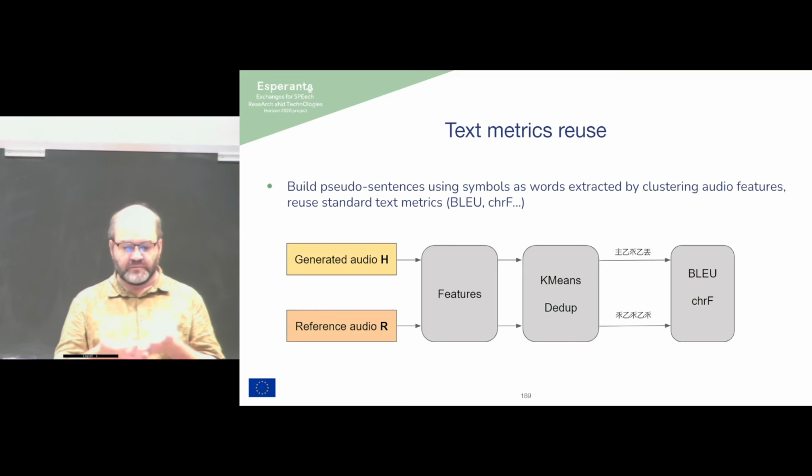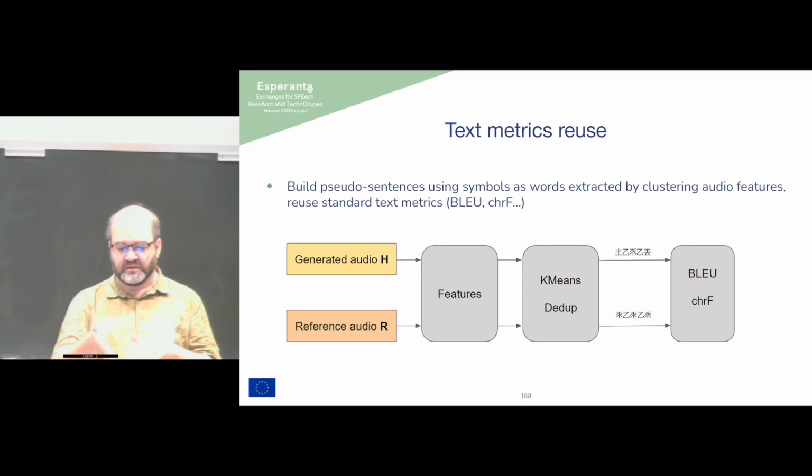So for the text metrics reuse, the idea is to build a pseudo-sentence using symbols, audio symbols, extracted by clustering audio features, and then reuse standard text metrics. So for the generated audio and the reference audio, you generate features, then you do a k-means, a deduplication where you remove the repetitions. So you have a string of symbols. We are bored with numbers, so we use kanji, but it's just symbols.